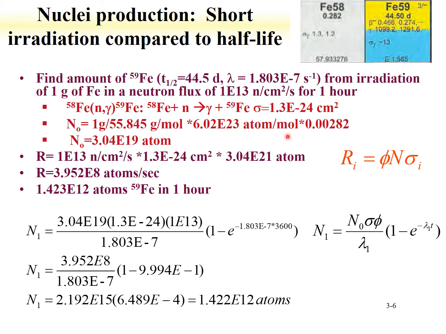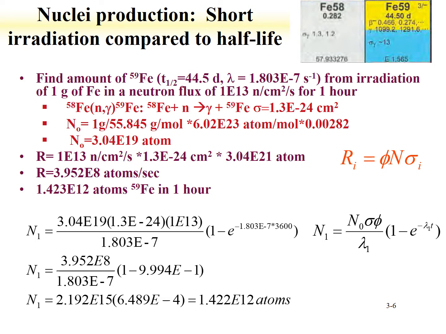So now we've got the number of atoms of iron, and then I'm going to use this value because this is for iron. I didn't say any sort of enriched iron, I just said regular iron. And 0.282% of iron is iron 58, so I need to normalize it by that. And I get the number of targets as 3.04 times 10 to the 19th atoms.